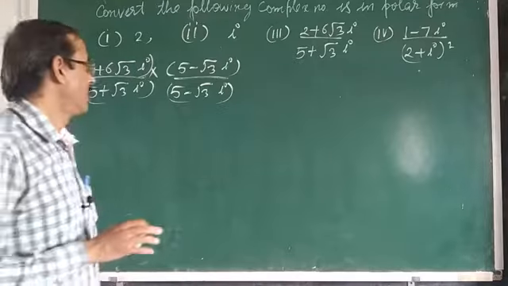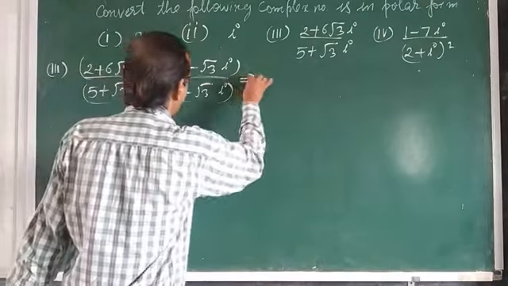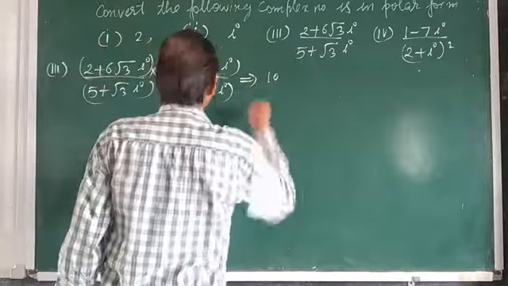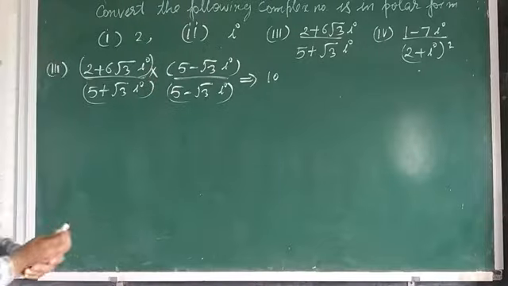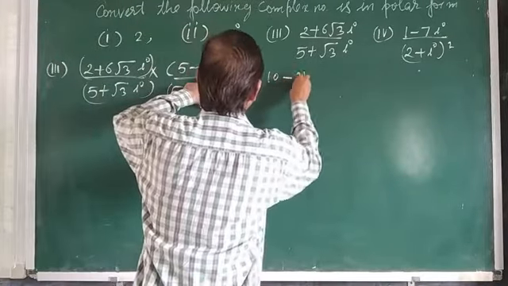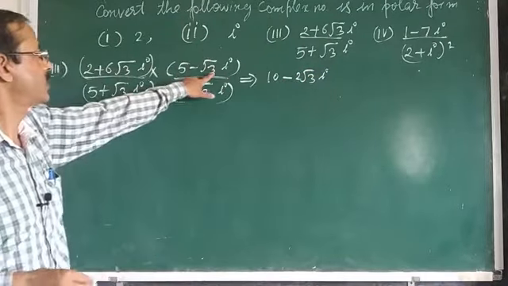Right? Multiply it. What will it be? If we multiply, you will find that 2 fives are 10 minus 2 root 3 iota.